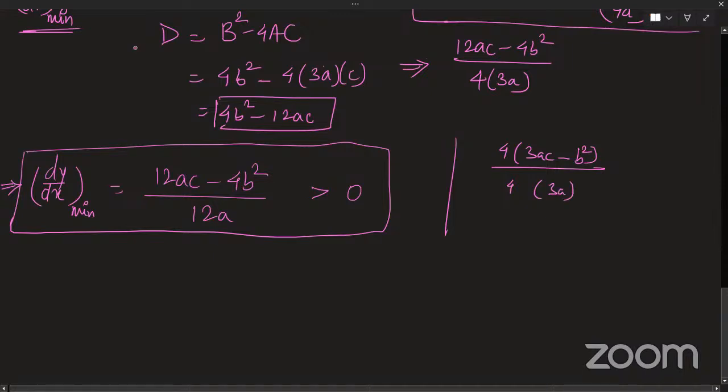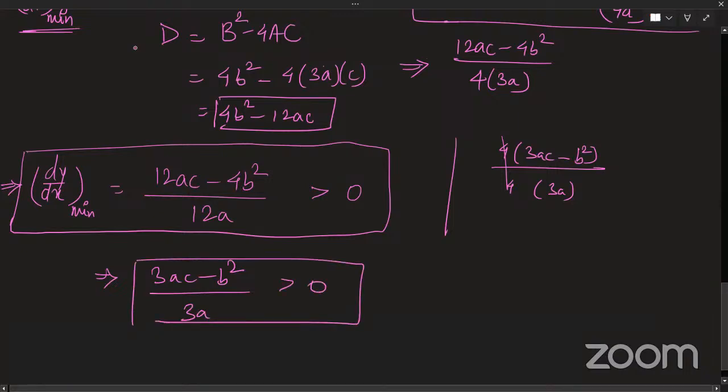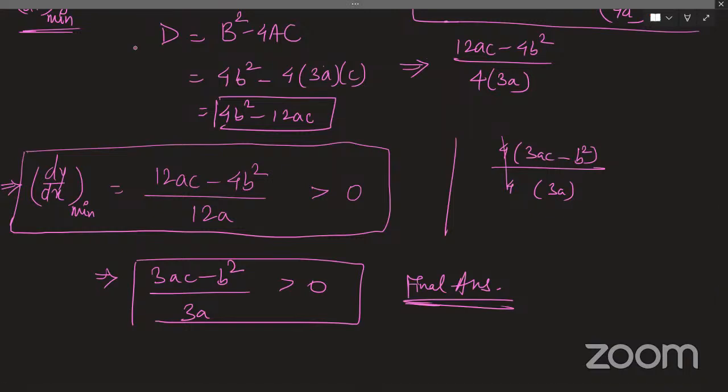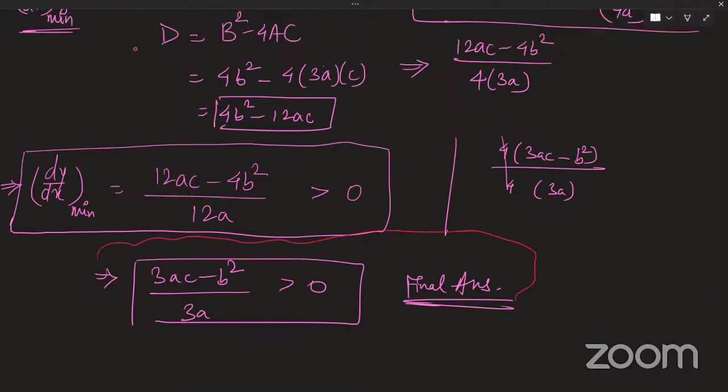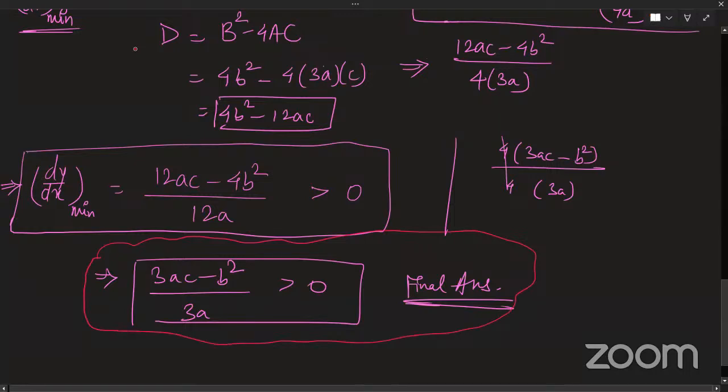So in other words, I can also write it as 3ac minus b square by 3a is greater than 0. This will be my condition, my final answer.